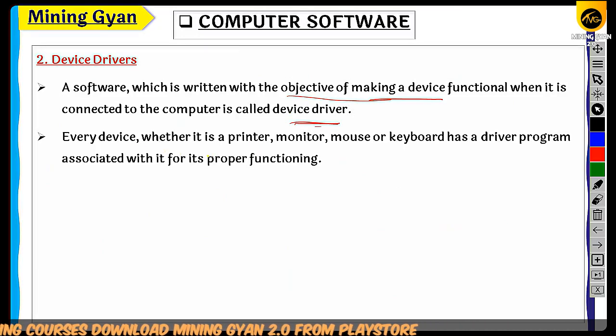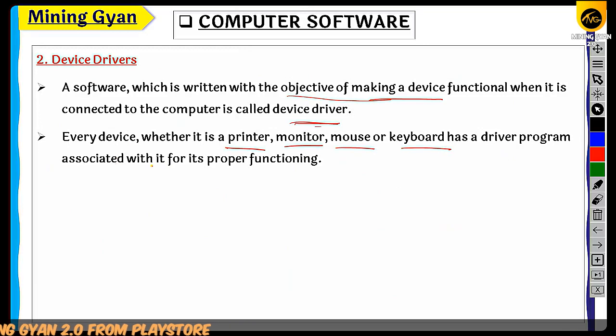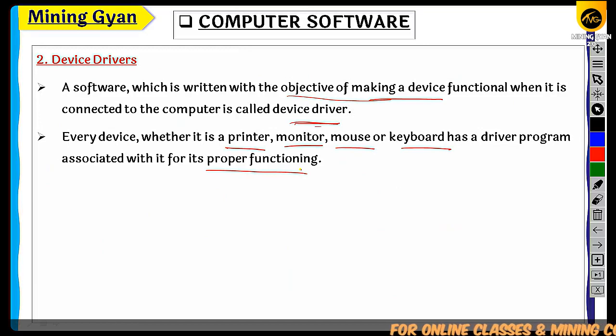Every device, whether it is a printer, monitor, mouse, or keyboard, has a driver program associated with it for its proper functioning. That program is called the device driver, which belongs to that device, which is specially programmed for a special kind of purpose, like a printer or monitor or mouse.